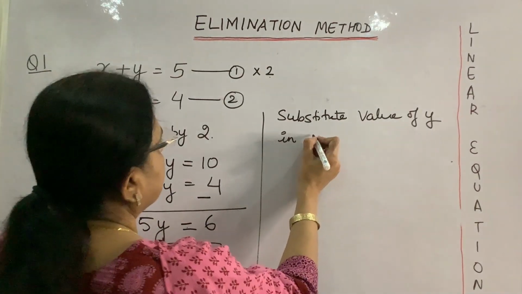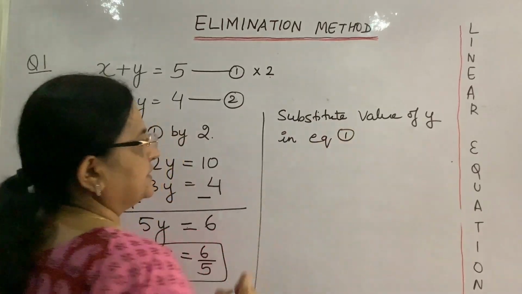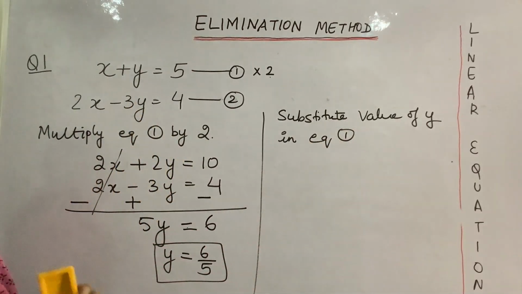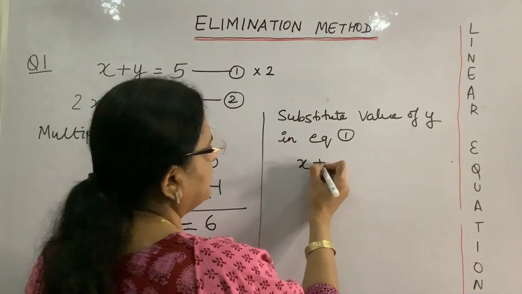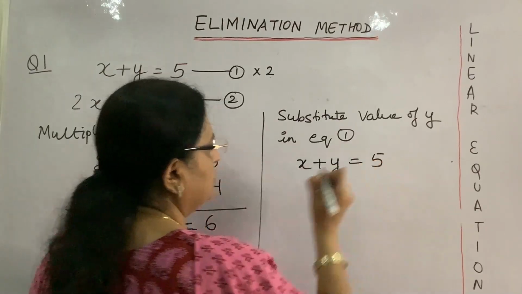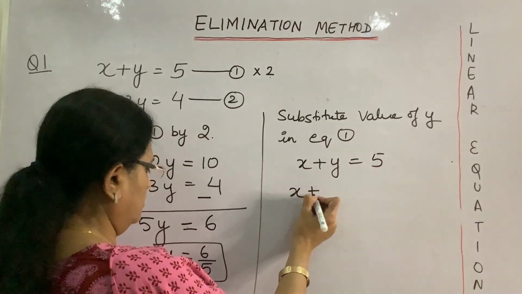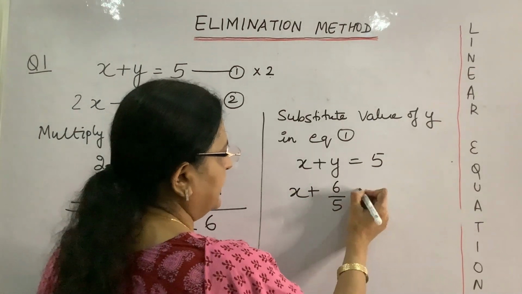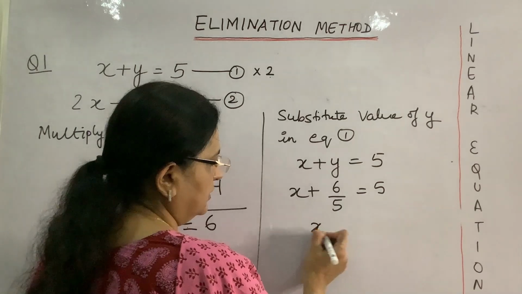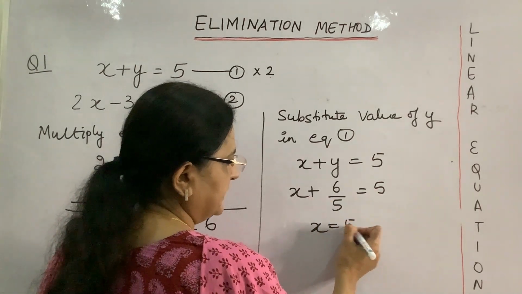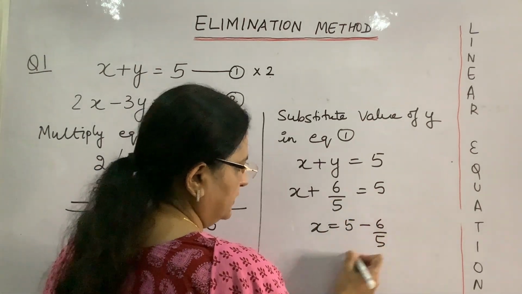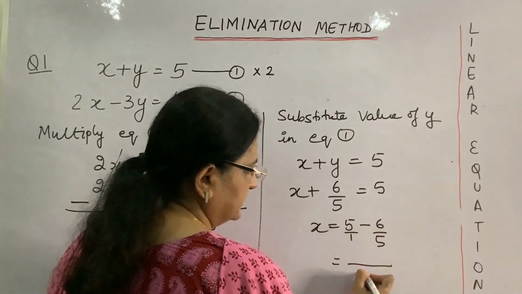So let me say I like equation 1. Why? Because it is simpler. So what is the equation? x plus y is equal to 5. So x I do not know, y is 6 upon 5, is equal to 5. So transpose this to the other side, minus 6 upon 5, take LCM.